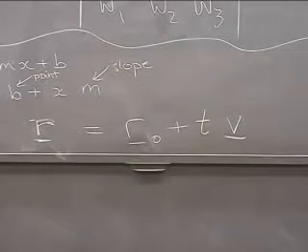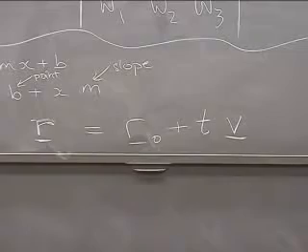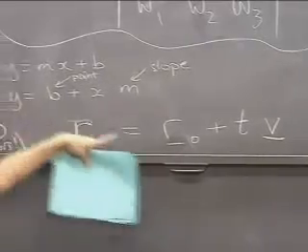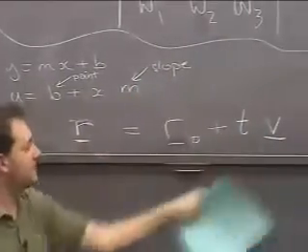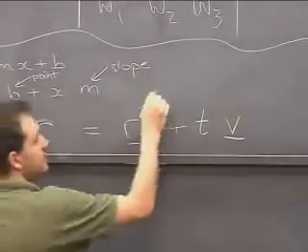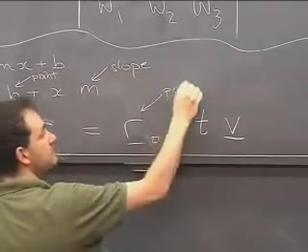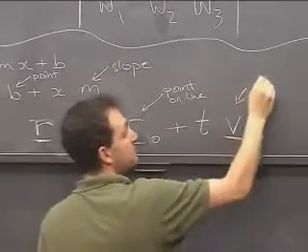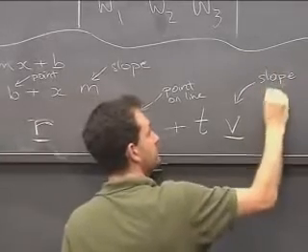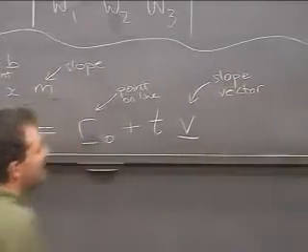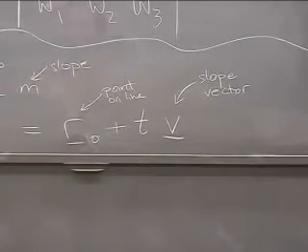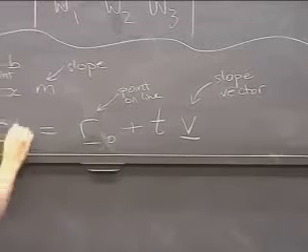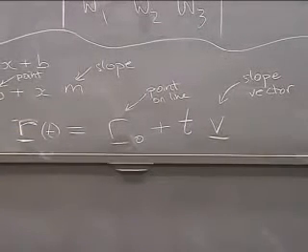That's the equation of the line. And just think of it analogously as y is b plus xm. So I kind of want to think of this as a point on the line, and this is the slope vector. And just to emphasize that t is a sort of parameter here, you could write r of t instead of r.